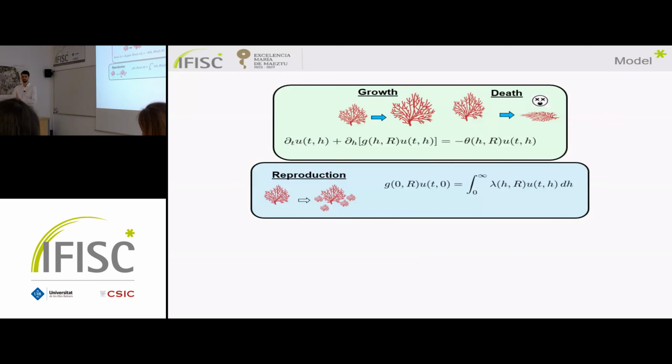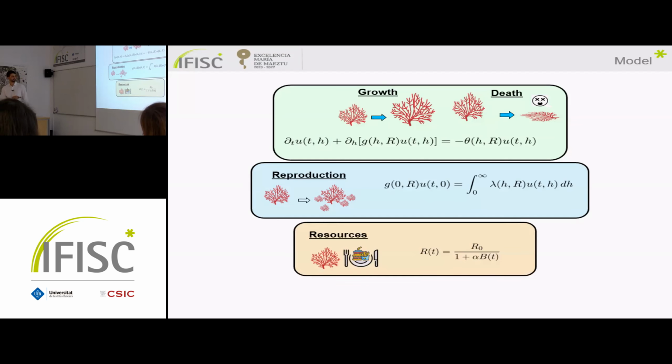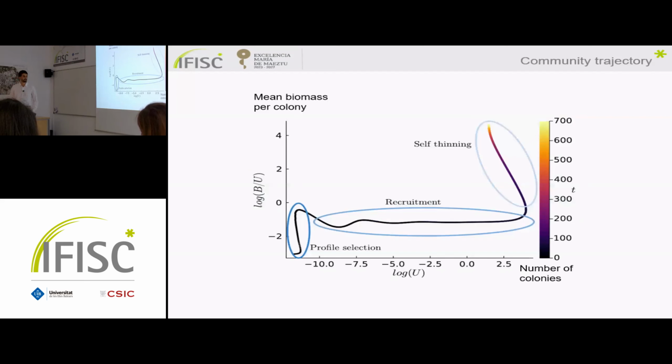This term here is just that the colonies create small colonies with a given rate depending on their size and the resources available, and also these colonies compete for resources. Including all this in the model, we found this kind of dynamics.